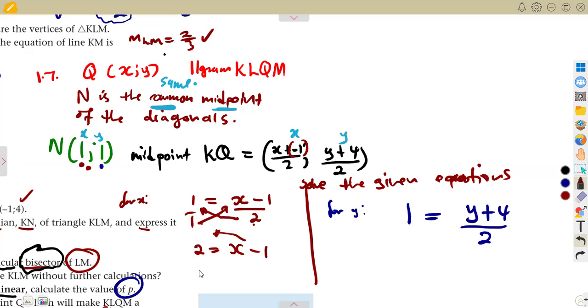Transpose the negative 1, it becomes positive. So 2 plus 1 is equal to x, so x is equal to 3. Like I was saying, you could have written 1 over 1 as 2 over 2, because we want the denominators to be the same. So 2 over 2 is equal to (x minus 1) over 2.